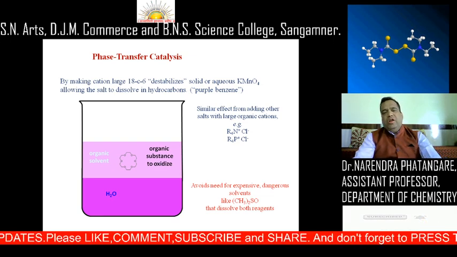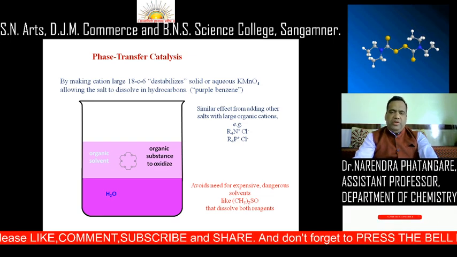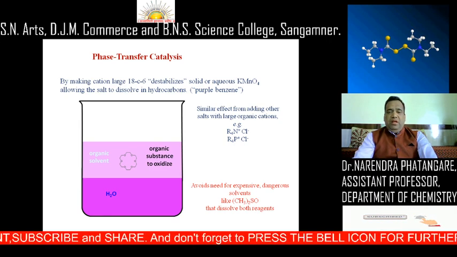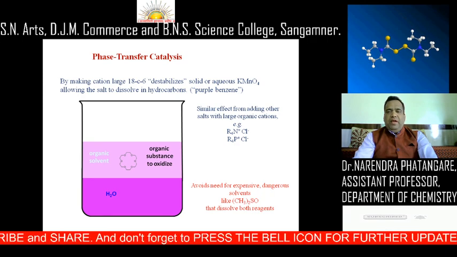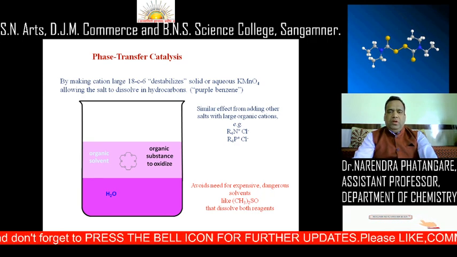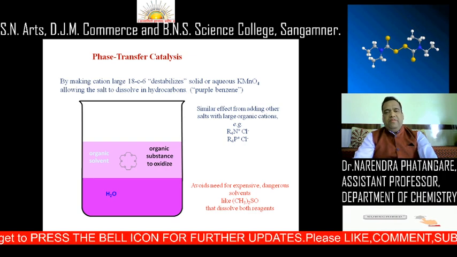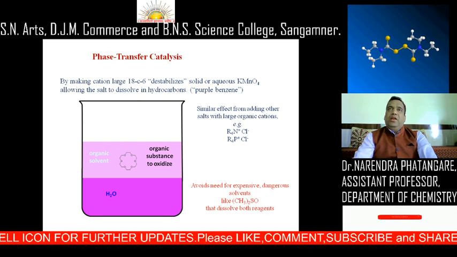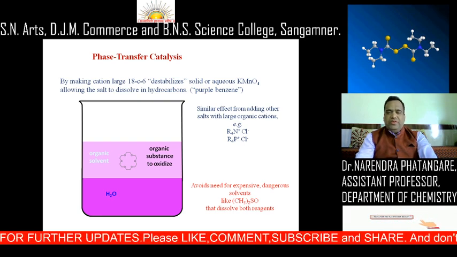For example, this is the organic solvent shown above and below is H2O, the water solvent. The crown ether plays a very important role to carry some molecules in the organic phase as well as in the aqueous phase, and to do the reaction in the organic as well as in the aqueous phase.